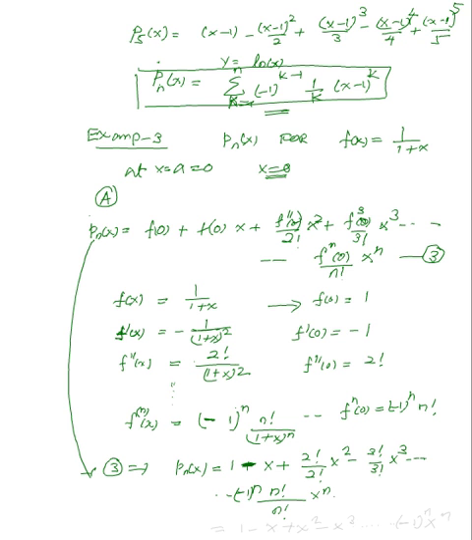So this is simply equal to 1 minus x plus x squared minus x cubed, and it alternates the signs, with the exponent of x increasing. The final term will be negative 1 to the power n times x to the n.